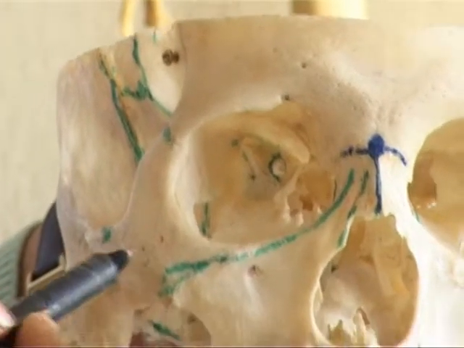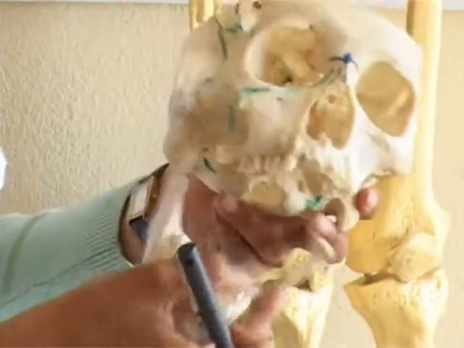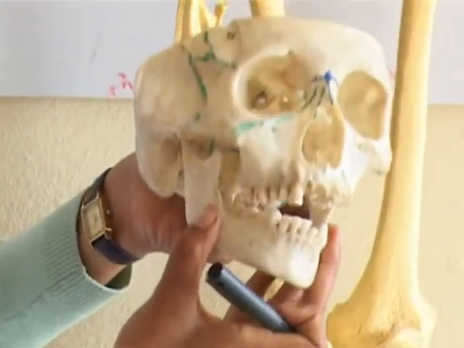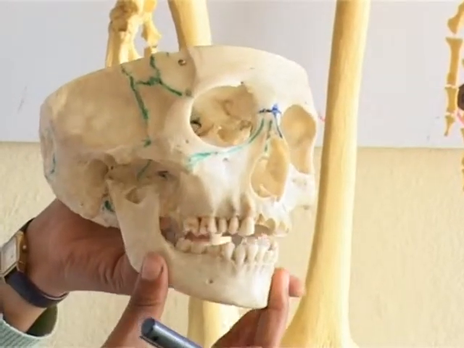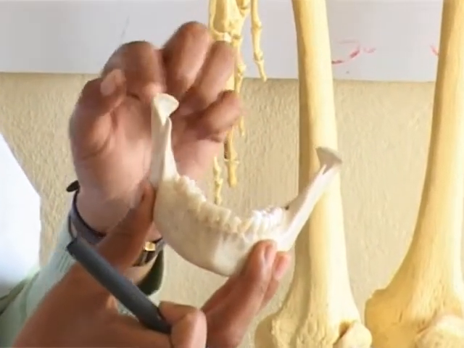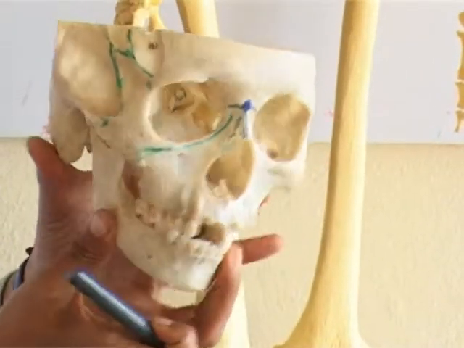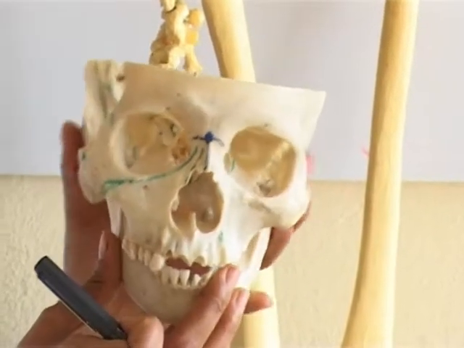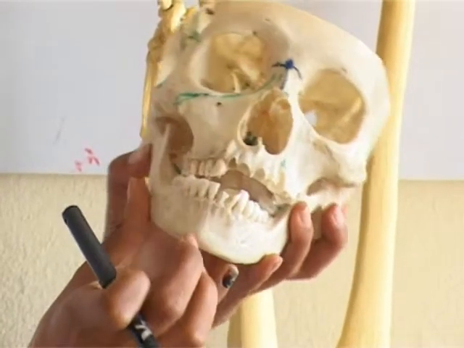Mandible forms the lower jaw. Head of mandible forms important mobile temporomandibular joint with the temporal bone. There is chin in the center, union of two halves of mandible, and mental foramen lies lateral to chin.